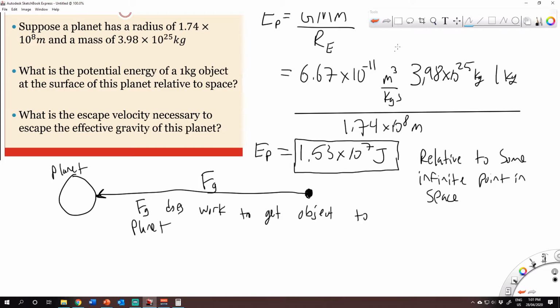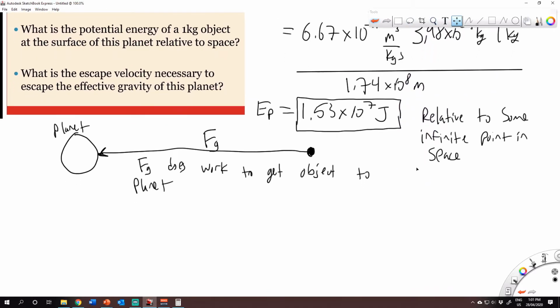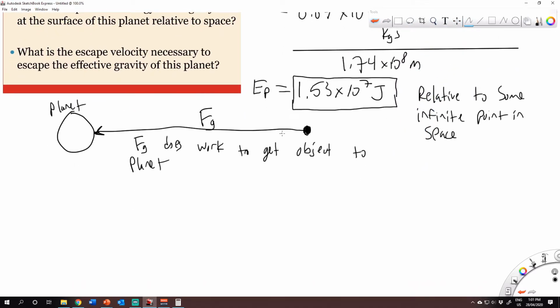Now, the escape velocity plays on this, because if gravity has dragged this object from some infinitely far point in space to the planet, I would need to give the object enough energy to do the reverse.